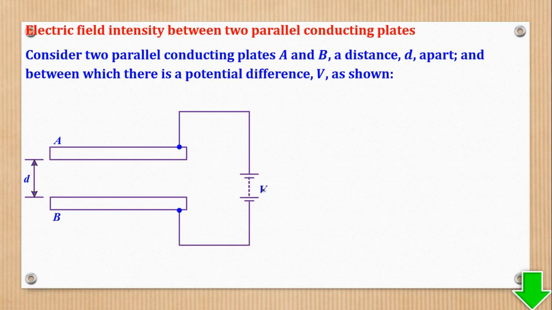Because of this potential, there will be a charge. The plates will be charged now, positive and negative. And because they are now charged, there will be an electric field moving from the positive plate to the negative plate.